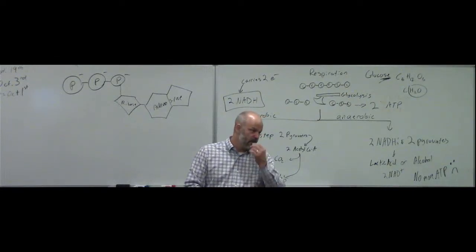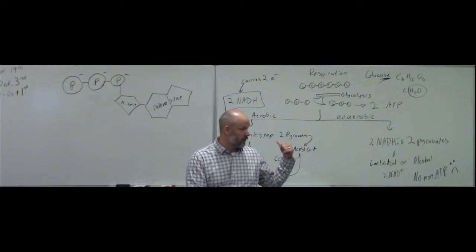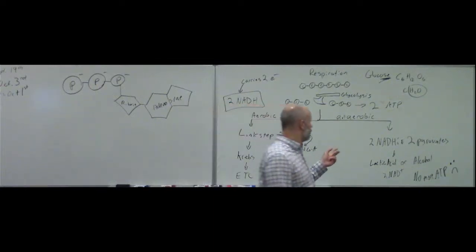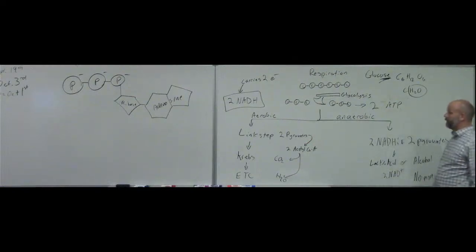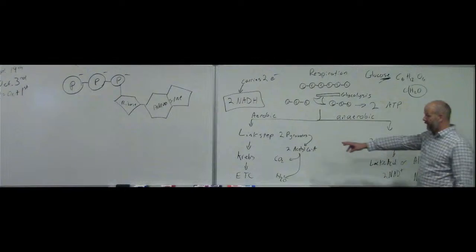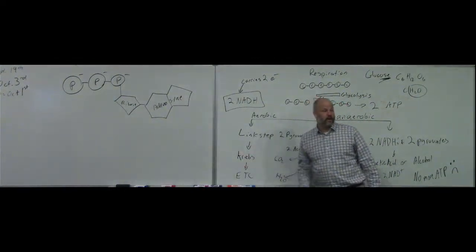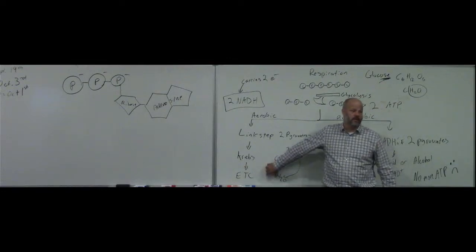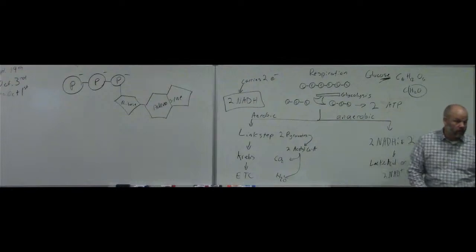Something like yeast or various bacteria don't necessarily do the rest of this. If they live in an anaerobic environment, they don't do aerobic respiration. Bacteria don't have mitochondria, and this happens in mitochondria, so if you don't have mitochondria, you can't do this. It's not an option for them.